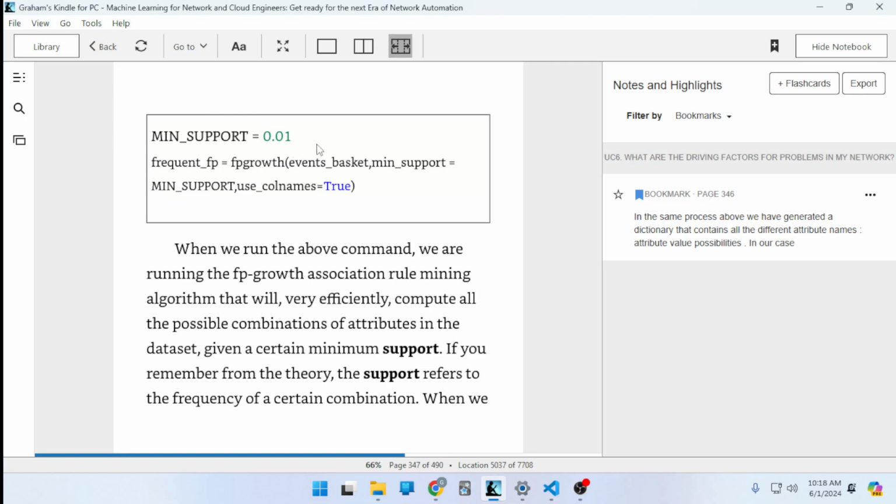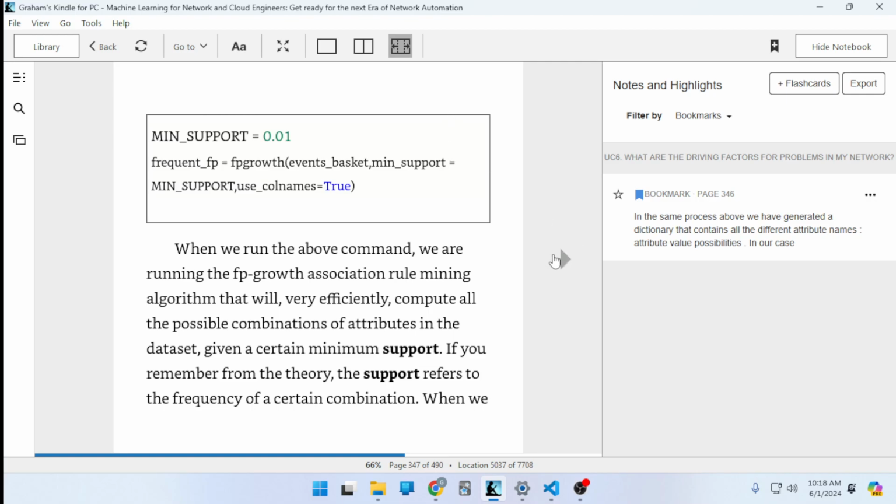When we run the above command, we are running the fp-growth association rule mining algorithm that will very efficiently compute all the possible combinations of attributes in the dataset, given a certain minimum support. If you remember from the theory, the support refers to the frequency of a certain combination.